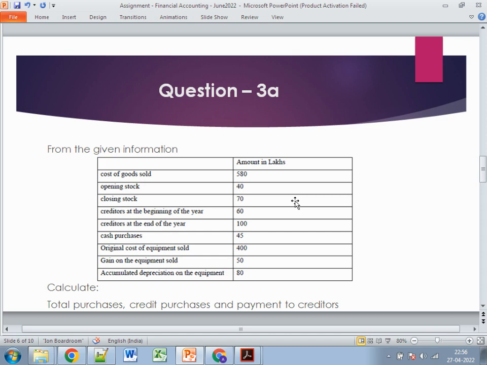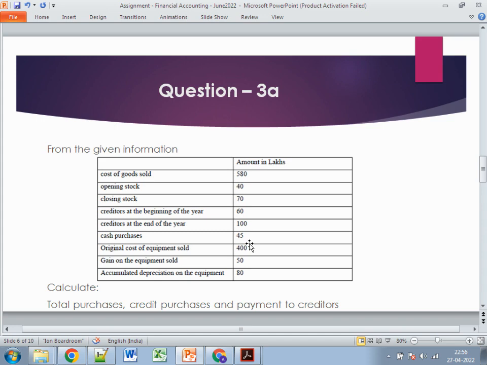The second thing is the credit purchases. Credit purchases is simply the total purchases minus cash purchases, right? Total purchases you will calculate from the first part, and the cash purchase is given as 45. So from the first answer, minus 45 will give you the credit purchases. Then the third one is the payment to the creditors, right?